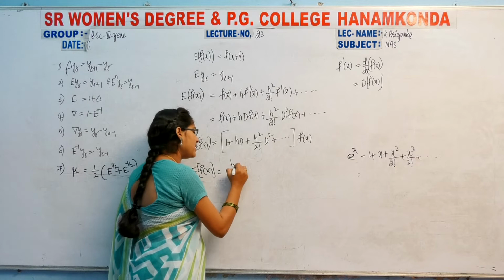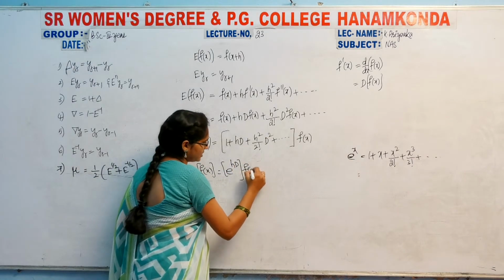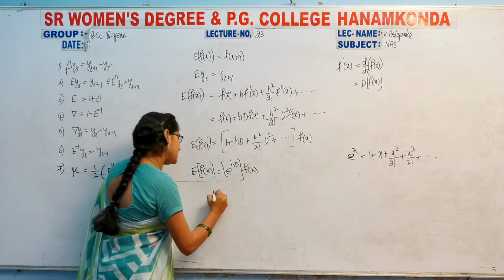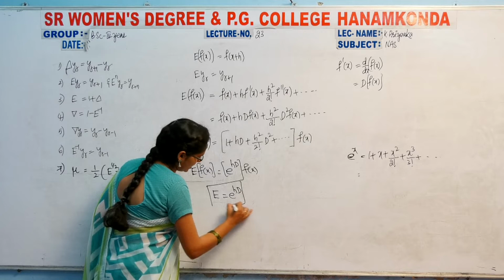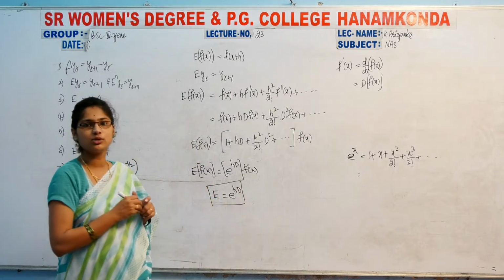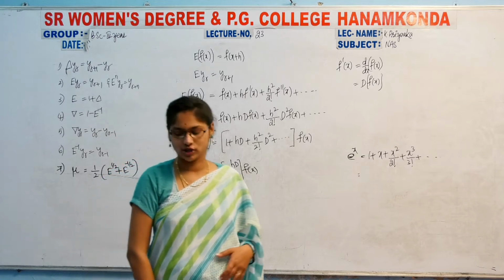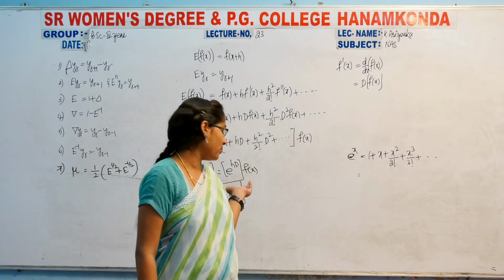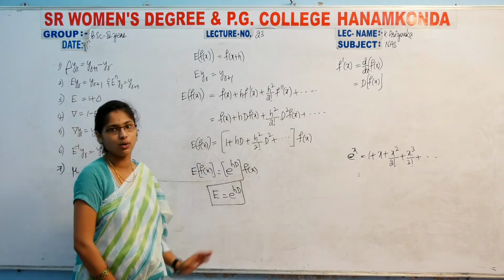So e power hD of f of x. Now simply E is equal to e power hD. So the shift operator is expressed in terms of the exponential function where x is equal to hD. So this is nothing but the formula. Of course you have to prepare this proof also.